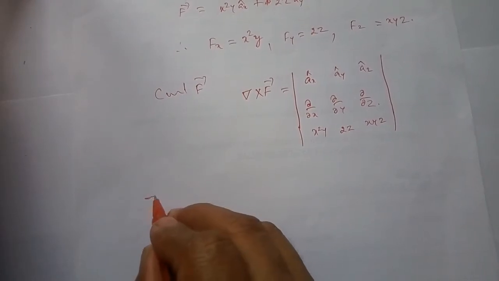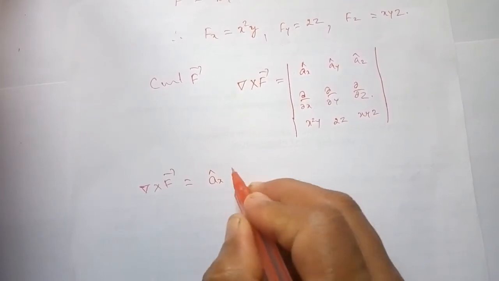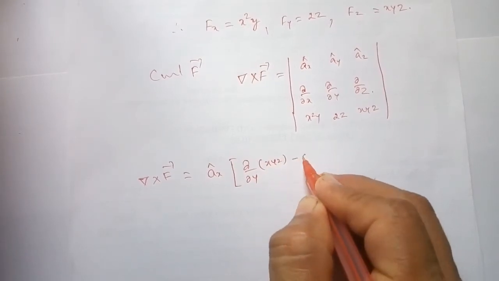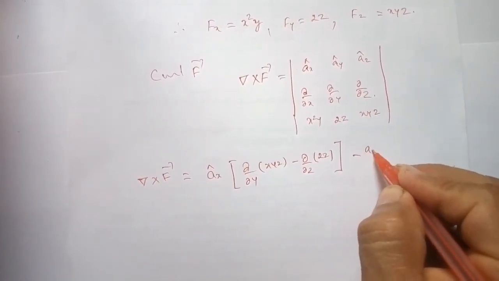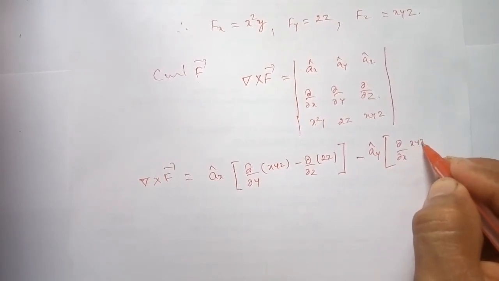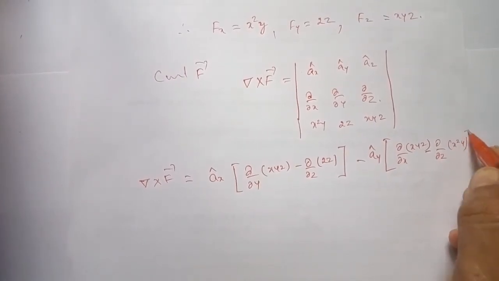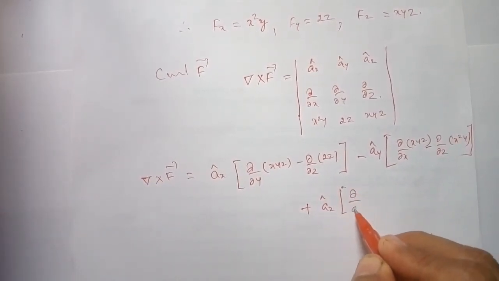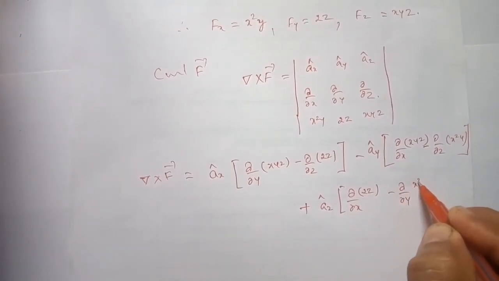Let us solve this determinant. Del cross F is equal to a x cap times dou by dou y of xyz minus dou by dou z of 2z, minus a y cap times dou by dou x of xyz minus dou by dou z of x square y, plus a z cap times dou by dou x of 2z minus dou by dou y of x square y.